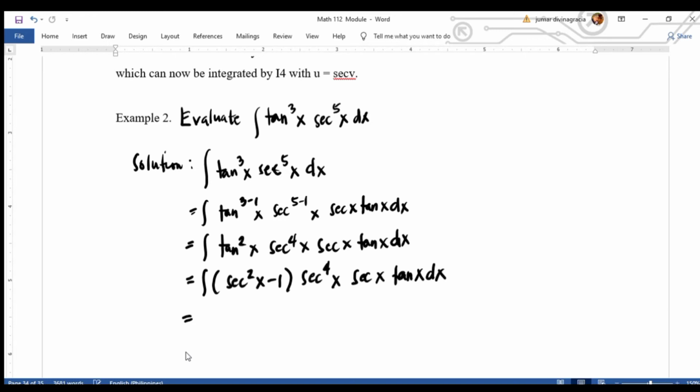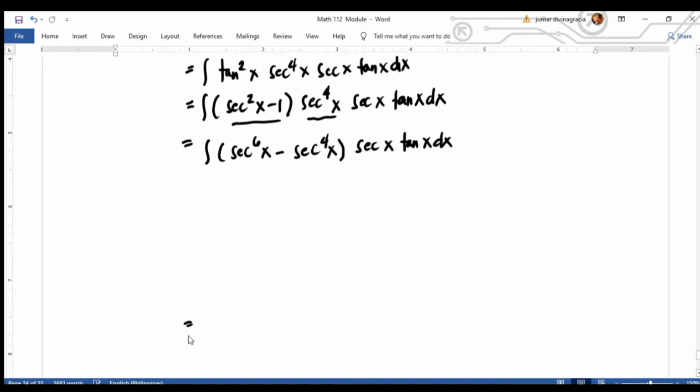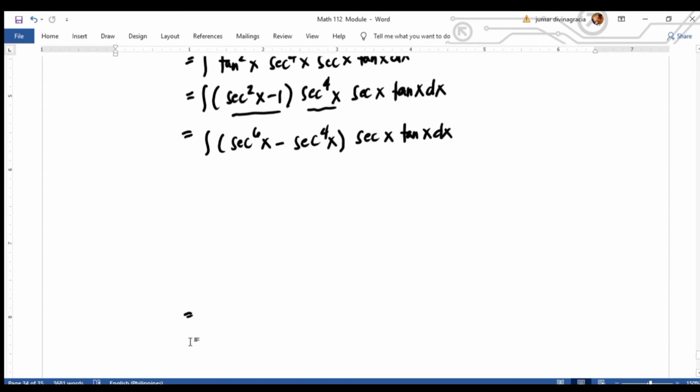Then we will now distribute secant to the fourth of x with this identity here. So we now have the integral of secant to the sixth of x minus secant to the fourth of x times secant of x times tangent of x dx. Then let us integrate each term here.